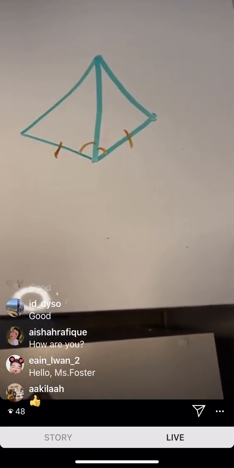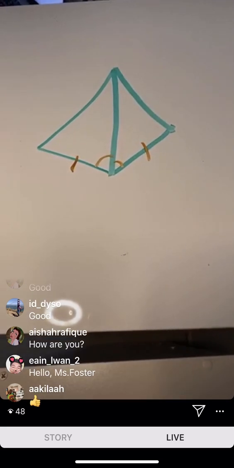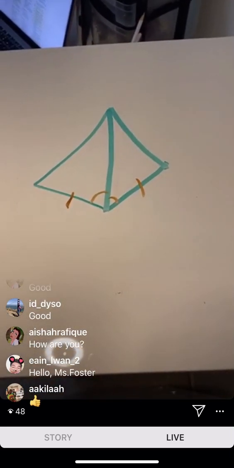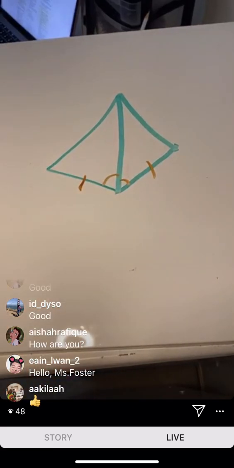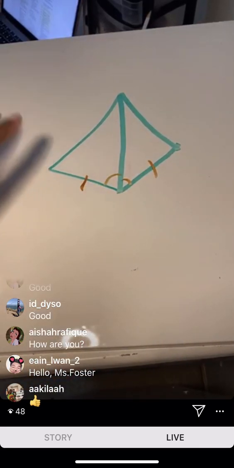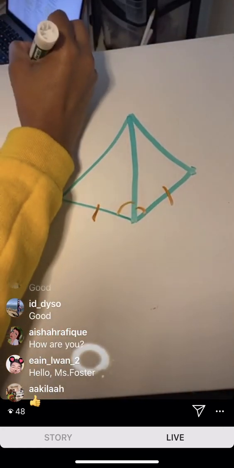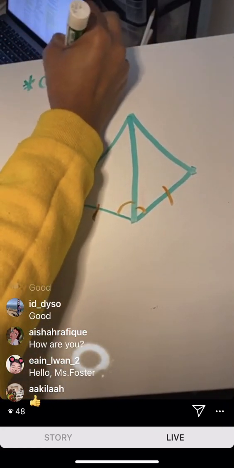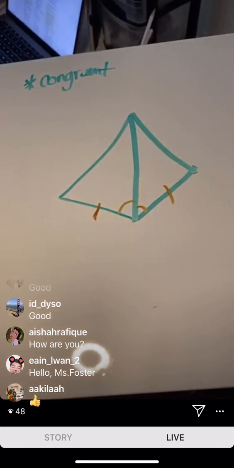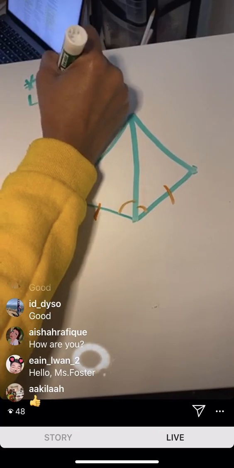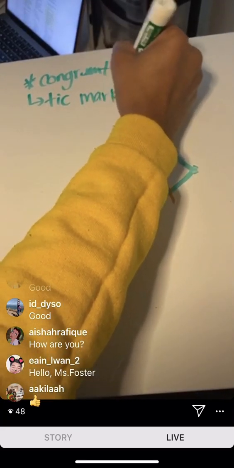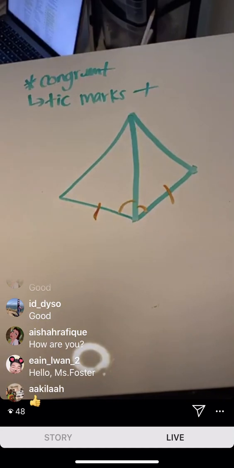With these types of problems, your goal is, thanks Akila, to just identify what's the property that we're going to use. So remember on the Ed Puzzle videos, what I told you guys to do is to write down what things are congruent. So just a heads up, you need to be writing down what's congruent. The way you look for congruence, you need to look for tick marks, like a line with a little tick on it.